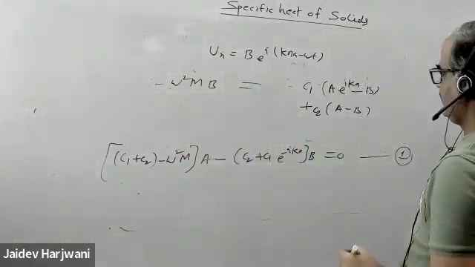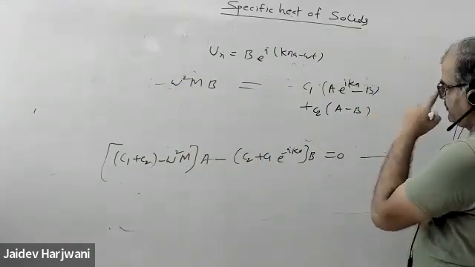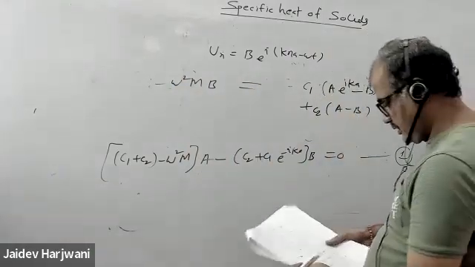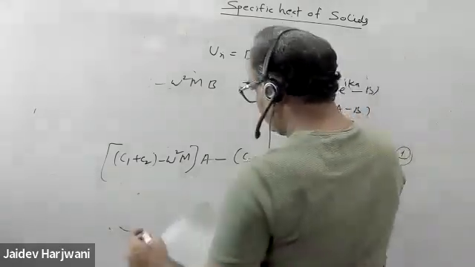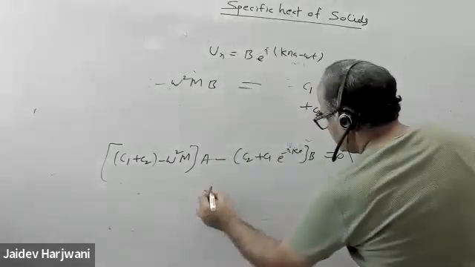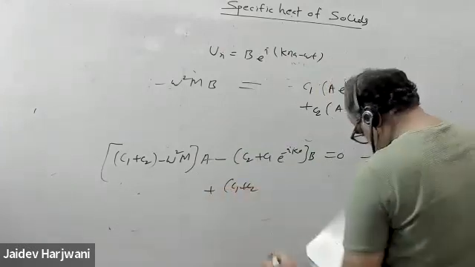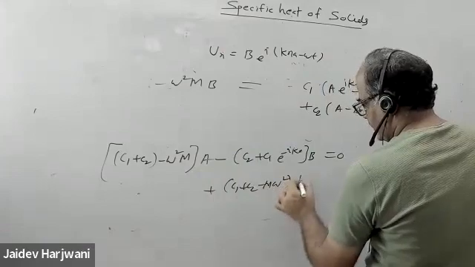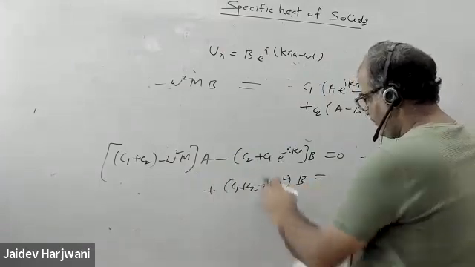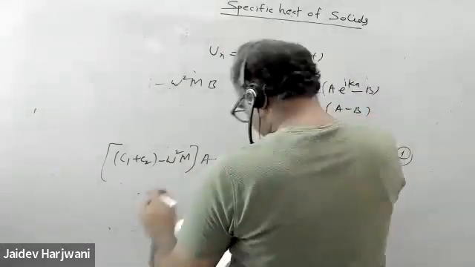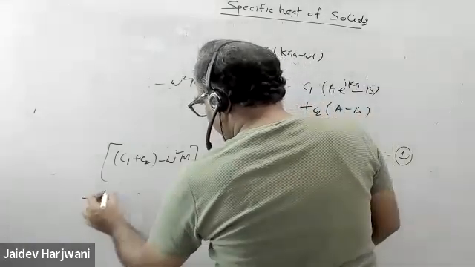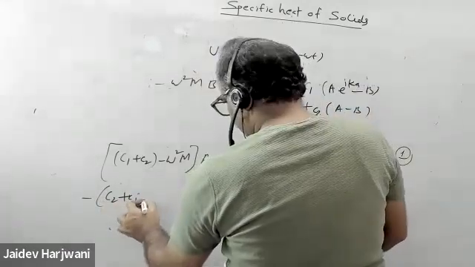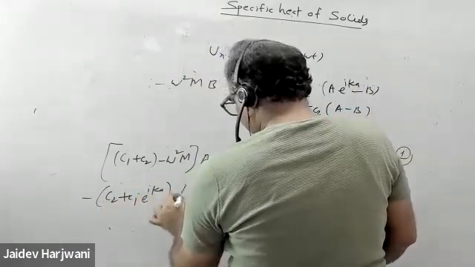If I solve this, c1 b and c2 b, c1 plus c2. So this should come now (c1 + c2 − m ω²) b, and this will come minus (c2 + c1 e^(iκa)) a.